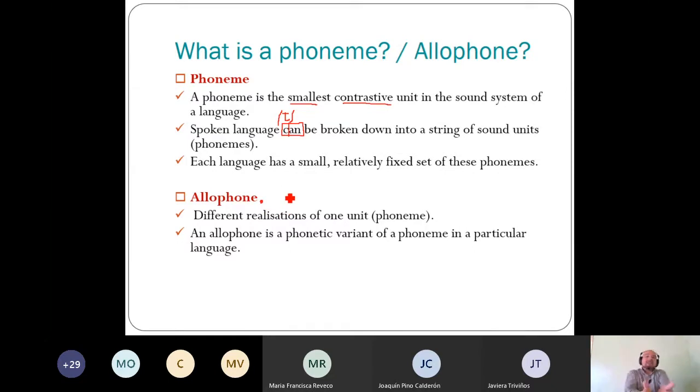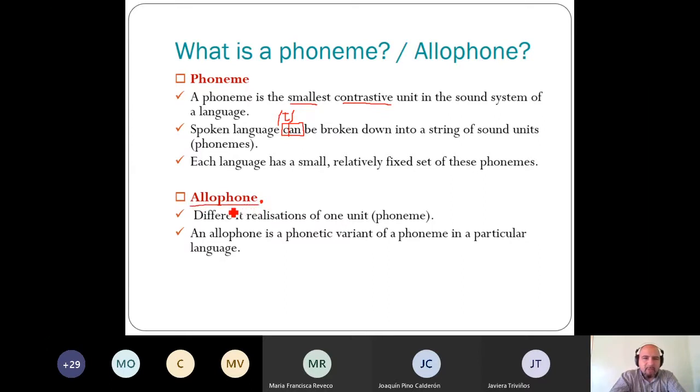We identify that the initial sound is different, but the meaning does not change. Whenever you have the same context and you can perceive that the sounds are different, still the meaning does not change, we're talking about allophones.